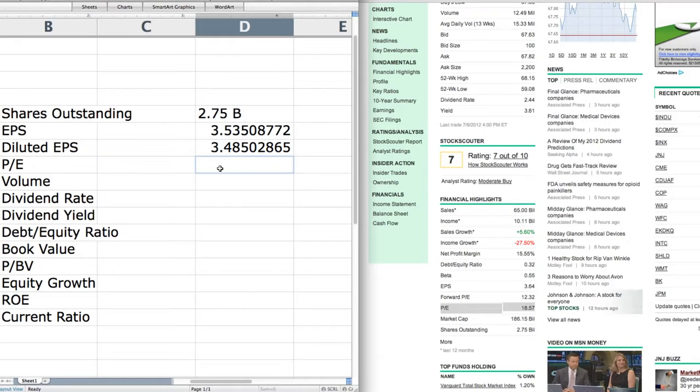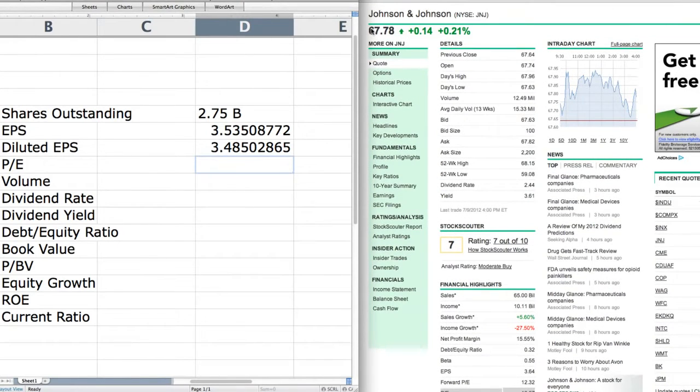How this number is calculated is really easy. All you have to do is take the price, which we figure out right here, of $67.78. So we'll hit the equal sign, 67.78. You can see it's showing you what the ratio is: P on the top, which is the price we just looked up, and the E on the bottom is that EPS.